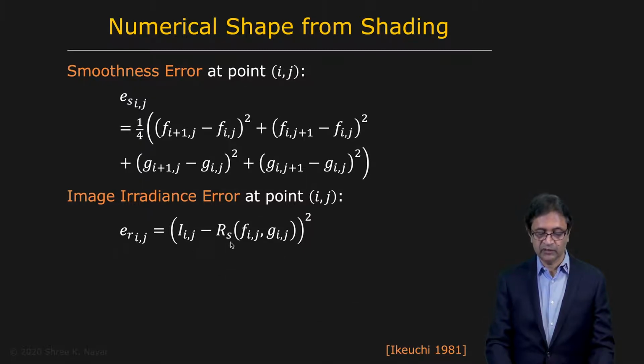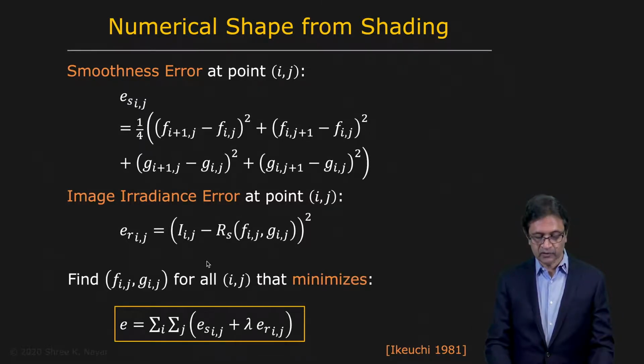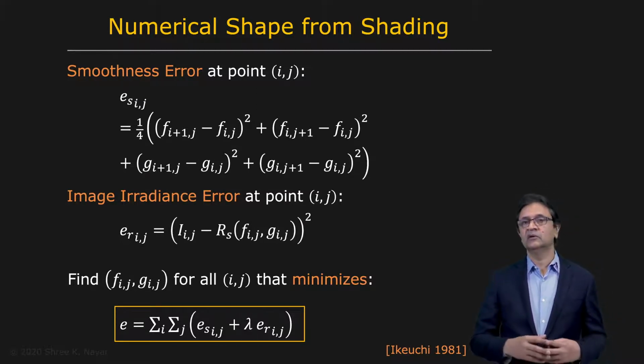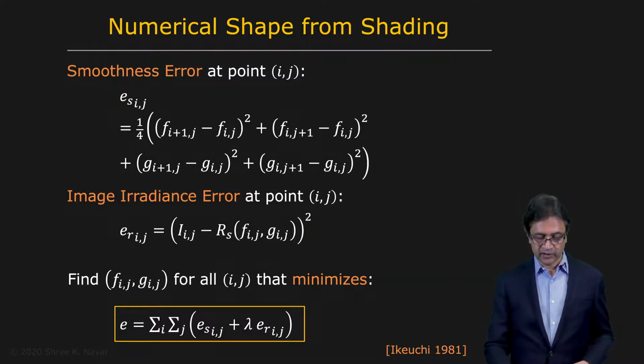So that's your image irradiance error right here. You square that. So we're going to add up these two. Your final error is going to be the sum of these two errors. And remember, we have this weighting function here, lambda. And you're going to sum those errors for all pixels in the image. And that's what these two summations are right here, over i and over j.